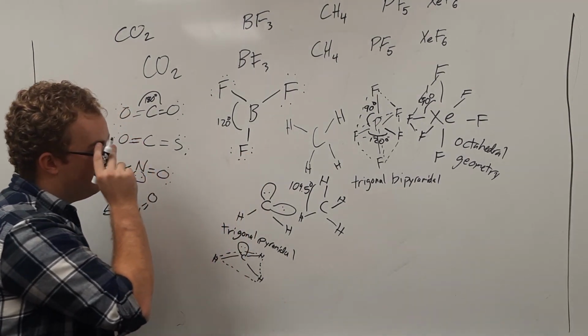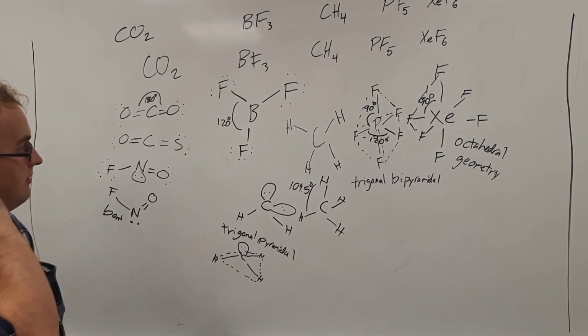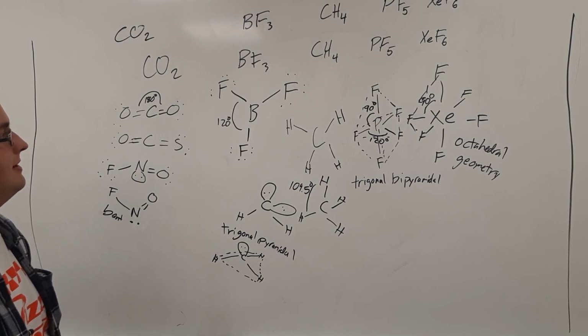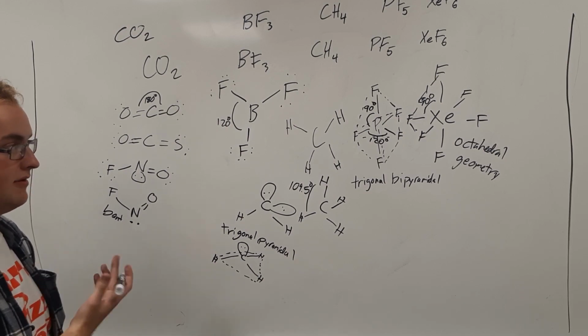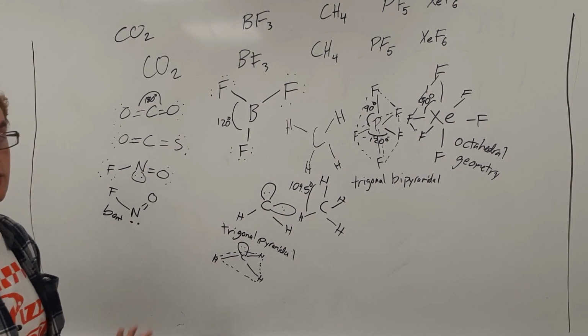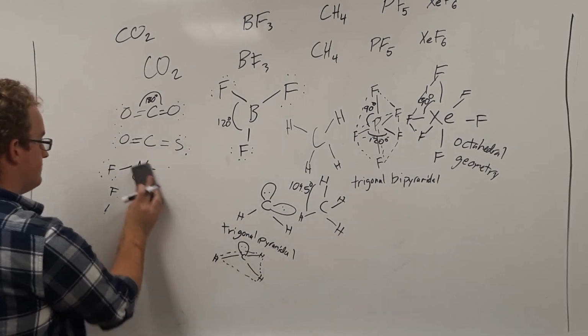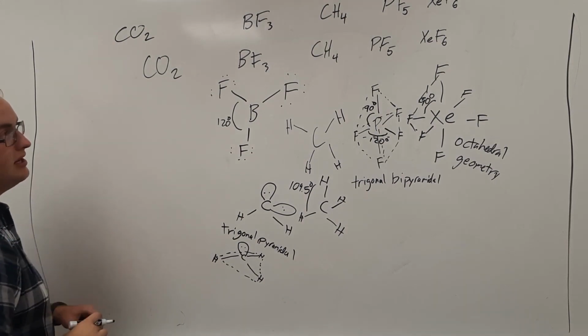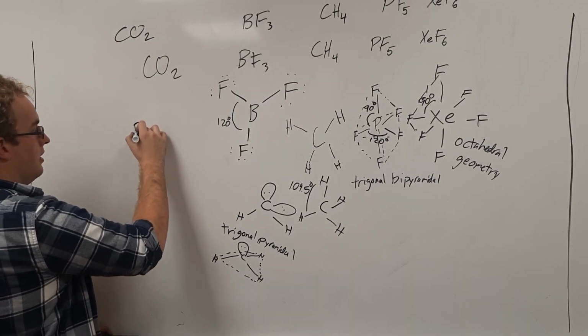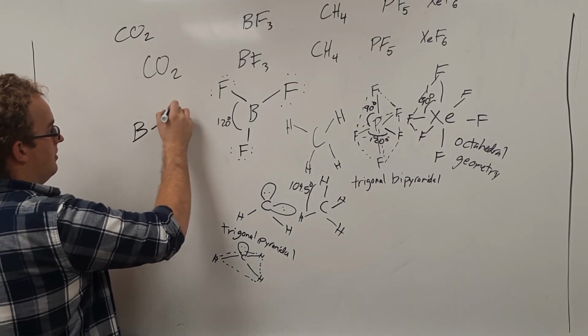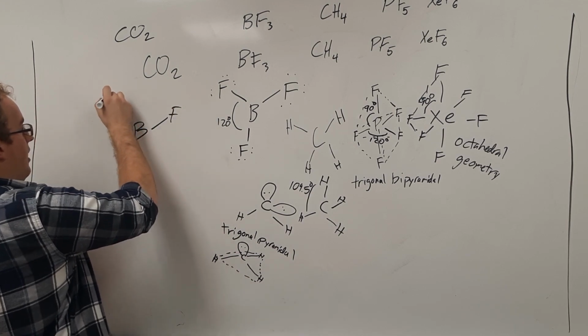So I'll give you a little bit of a rule for figuring out if your molecule is polar: essentially all of the electronegativities should balance. So let me draw another one of these that we can just use to compare.